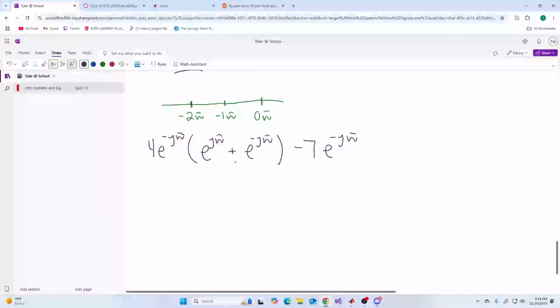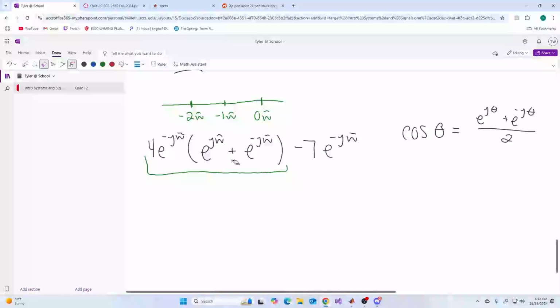So, if you remember, from over here, the cosine of theta equals e to the j theta plus e to the negative j theta divided by 2. Well, that looks very similar to what we have over here.